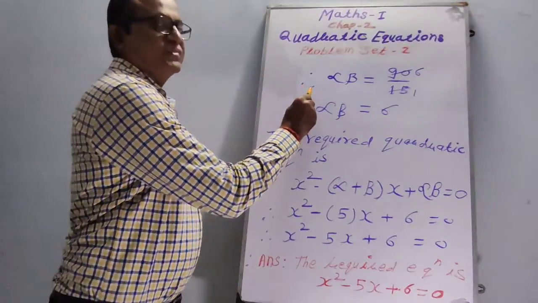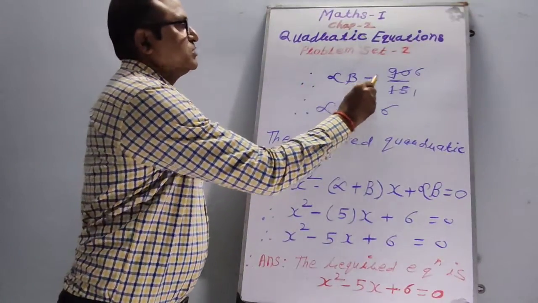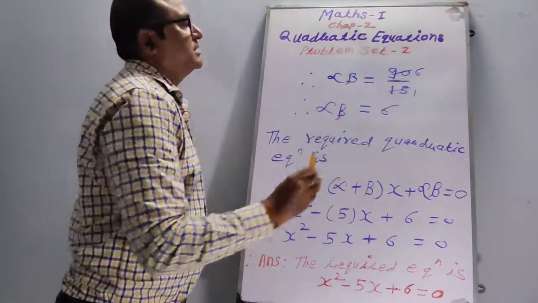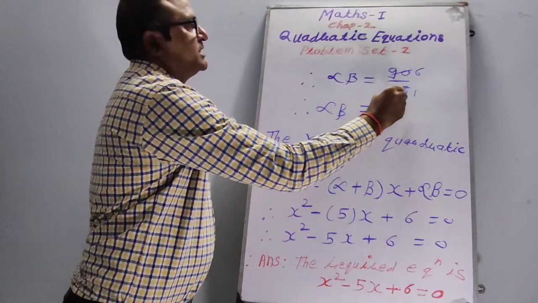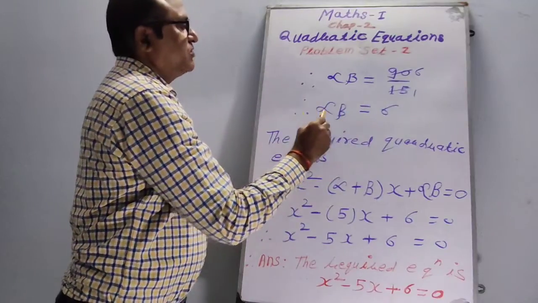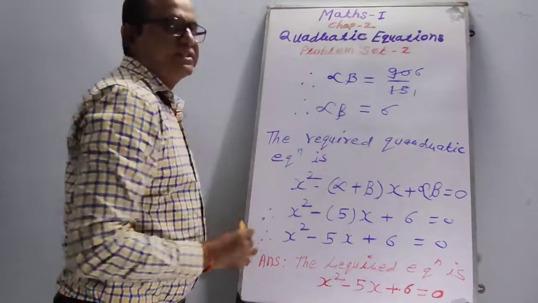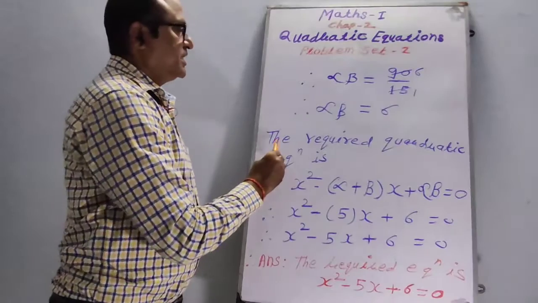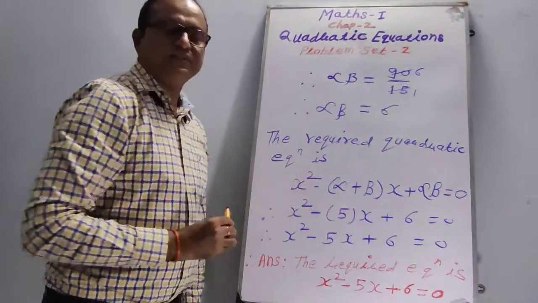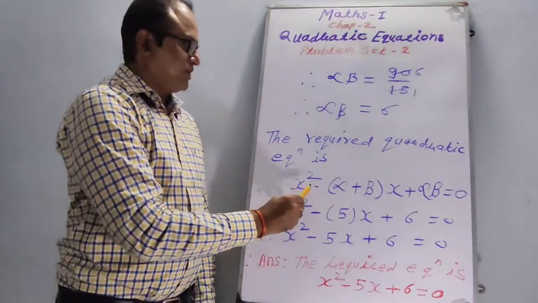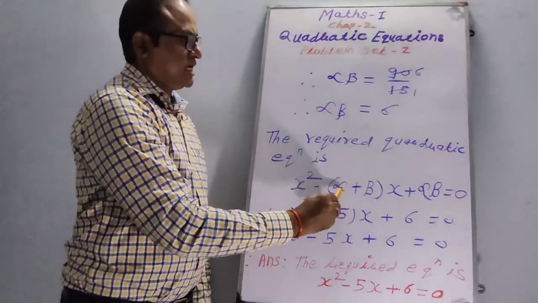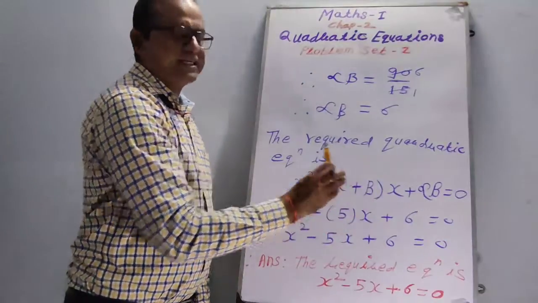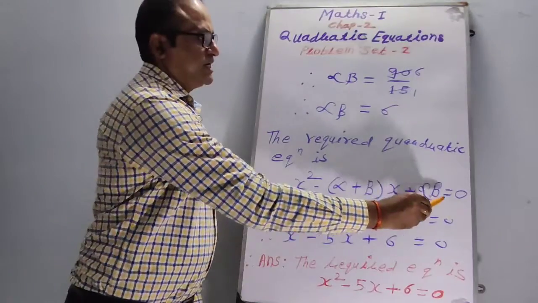Next step, therefore, alpha beta is equal to 90 upon 15. 90 divided by 15 is equal to 6. Therefore, alpha beta is equal to 6. The required quadratic equation is x square minus in bracket alpha plus beta bracket complete into x plus alpha beta is equal to 0.